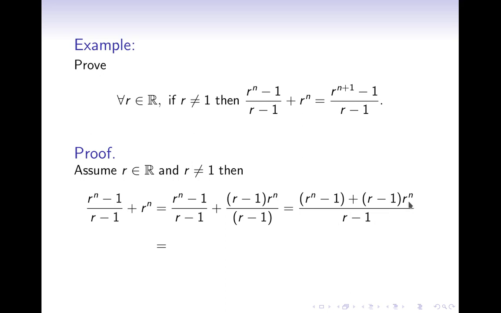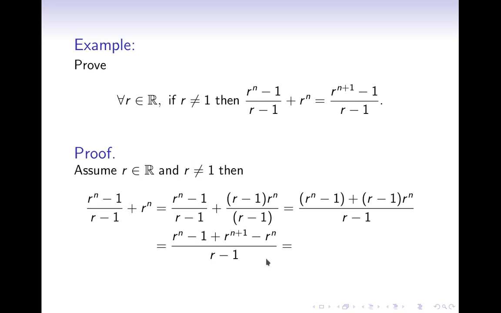And now I'm going to multiply through in the numerator by this r to the n, resulting in r to the n minus 1 plus r raised to the power n plus 1 minus r to the n, all that divided by r minus 1.